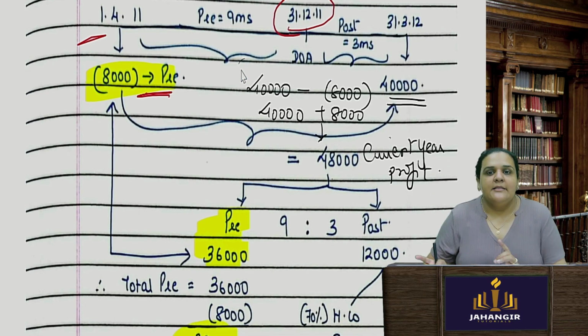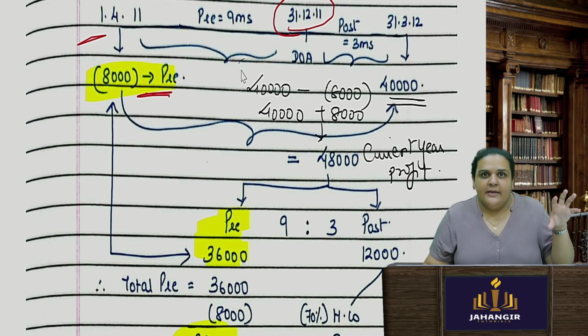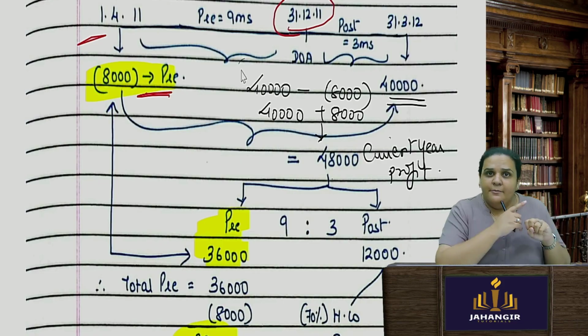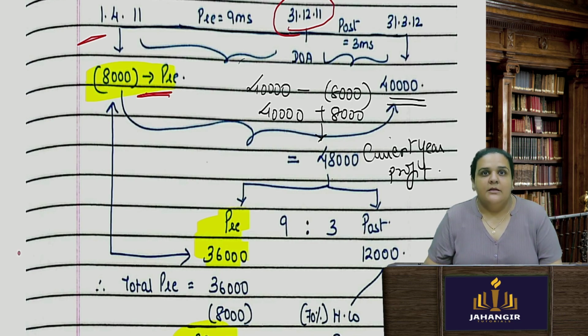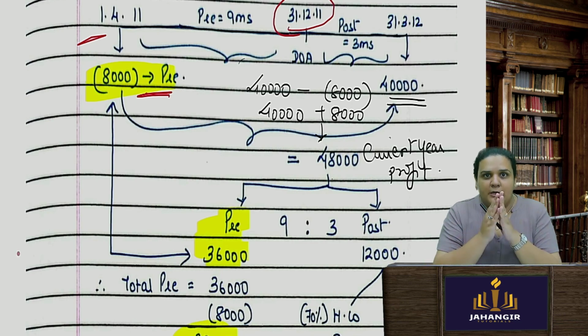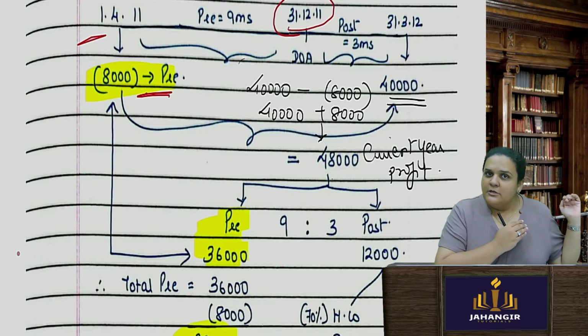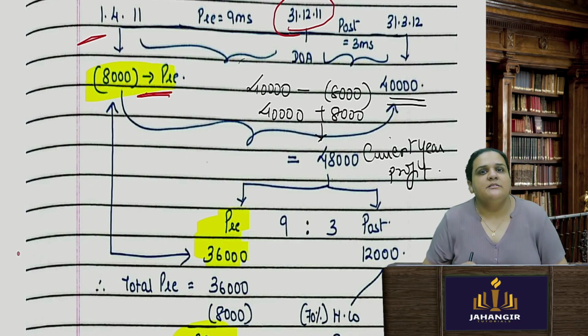So how did I get this 48,000? I begin with a loss of 8, but I am standing at a profit of 40,000. How did I get that closing balance of 40? I must have been able to write off the loss also, of this 8. And then 40 was remaining. That means I earned a profit of 48,000. 8,000 loss is removed, and now I am standing at 40,000.